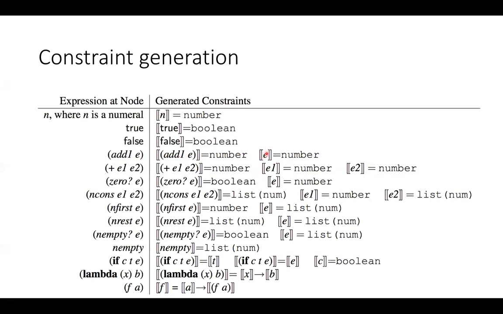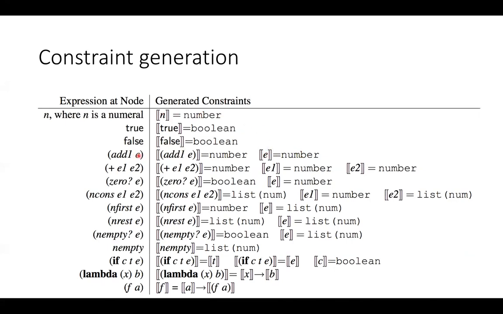Notice that this constraint on the right is true no matter what e is. One way we could check is, what if e was actually a constant number? Then we would generate a constraint that said that this expression e was a number, and then we'd also have this constraint, which would say that it's a number. And those two constraints would have to agree with each other.